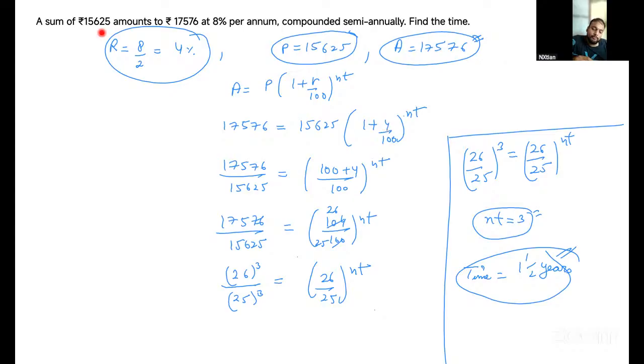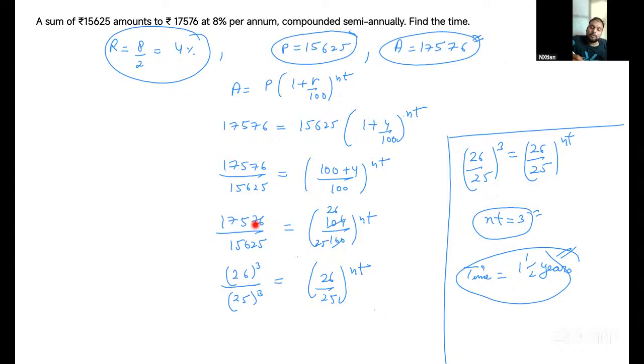Principal is given, 15625. Amount is 17576. I make the denominator same. It becomes 100 plus 4 upon 100, which is 104 upon 100. When I simplify it, I got 26 upon 25.